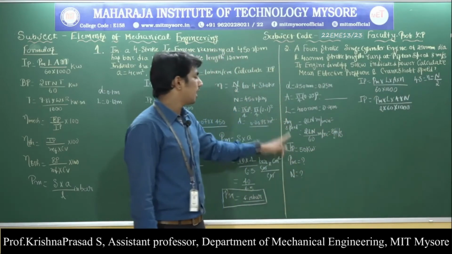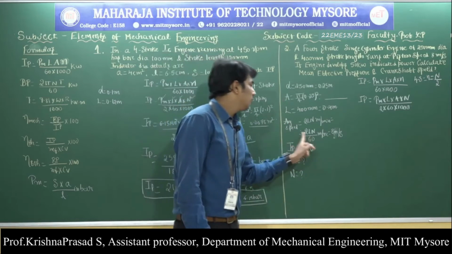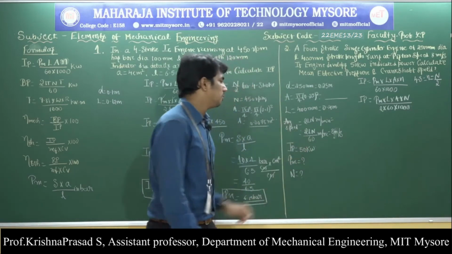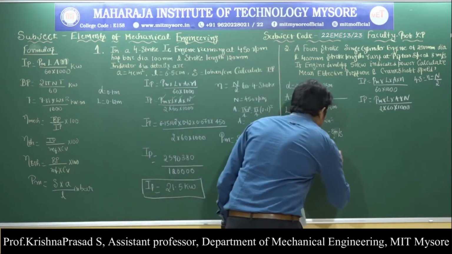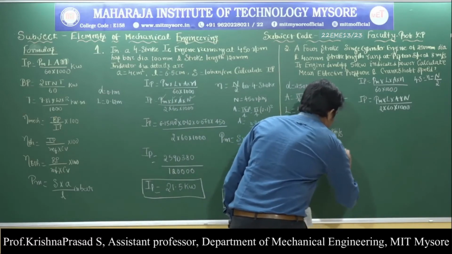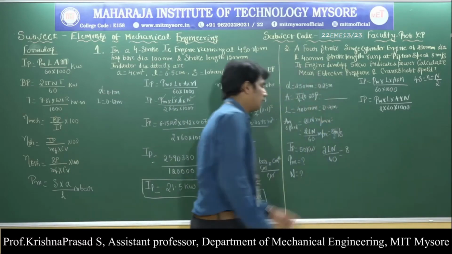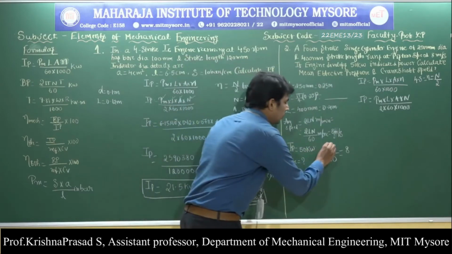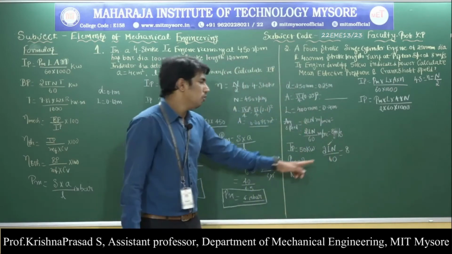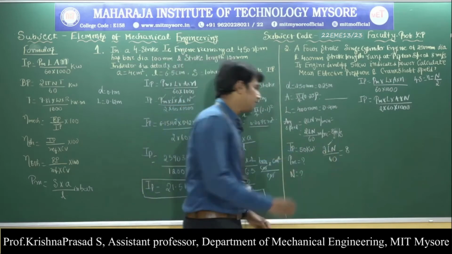So in order to know the crankshaft speed, first we have to use the average piston speed. We know that 2LN divided by 60 is equal to 8. So from here we know the value of the stroke length, and from here I can calculate the crankshaft speed.